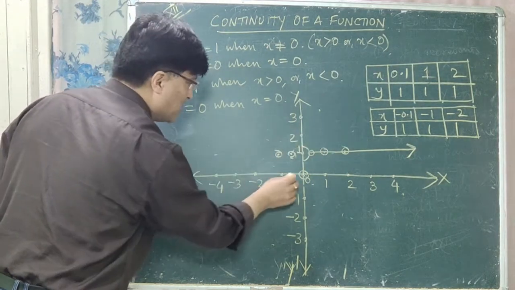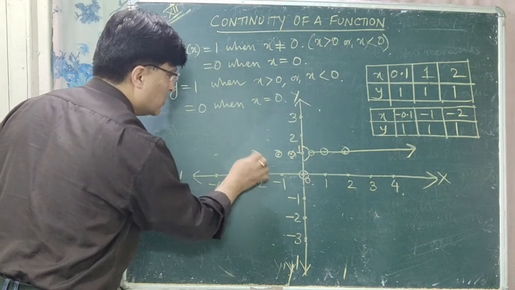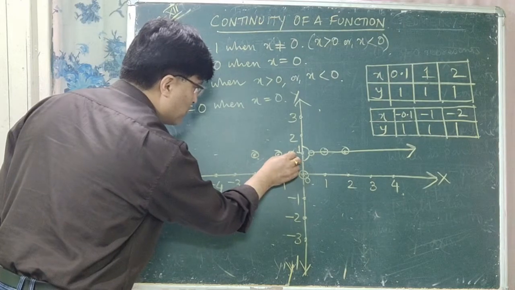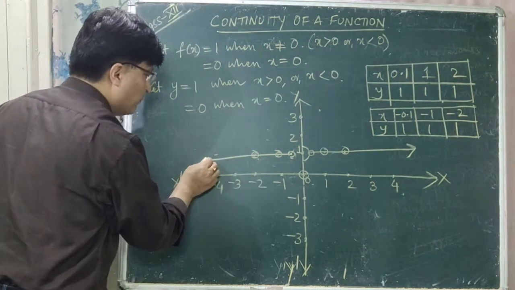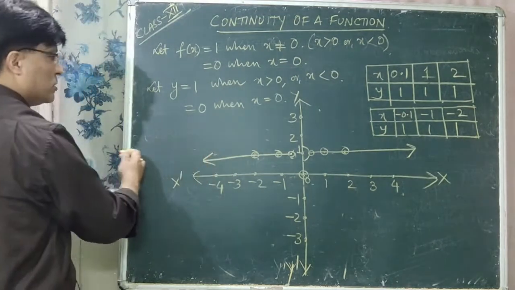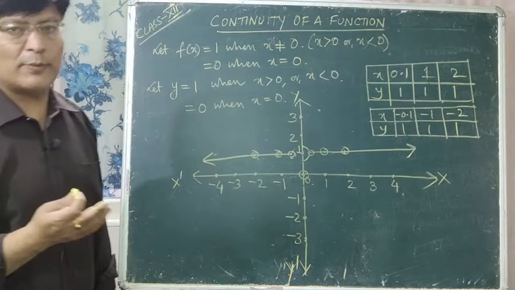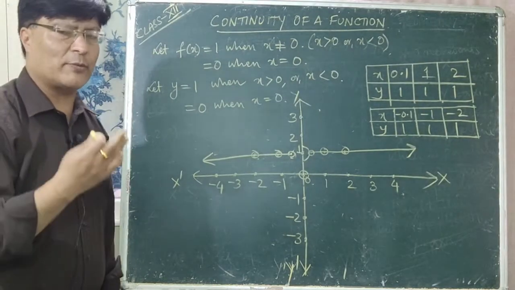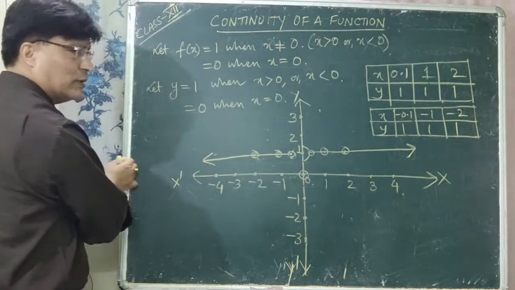Then minus 2 comma 1, minus 2 comes out here, then 1 goes out here. So from this point you have to draw a straight line on the left side of y-axis. It goes to infinity. It may be minus 3 comma 1, minus 4 comma 1, minus 5 comma 1. It goes up to infinity.